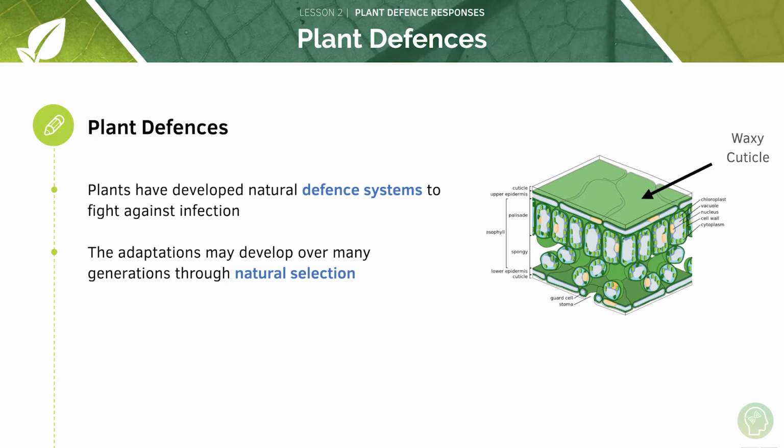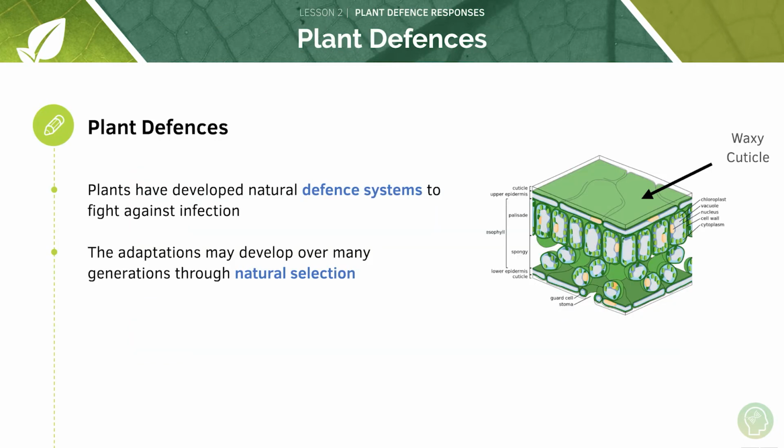And remember, natural selection is the process of survival of the fittest. So the plants that have developed the most advanced defence systems will be more likely to survive and reproduce and pass on the genes for these defence systems to their offspring. And therefore we're going to see these adaptations developing over many generations through this process of natural selection.